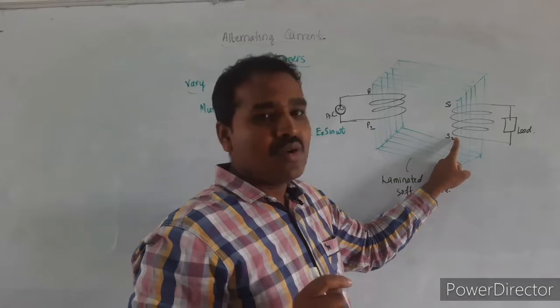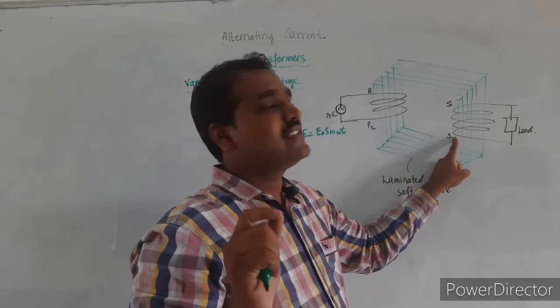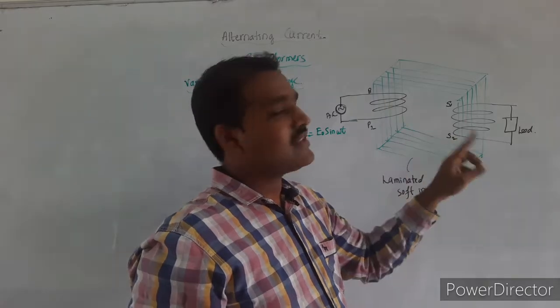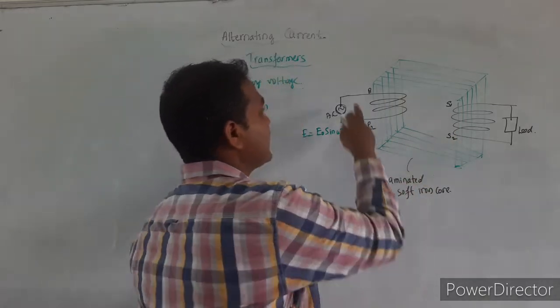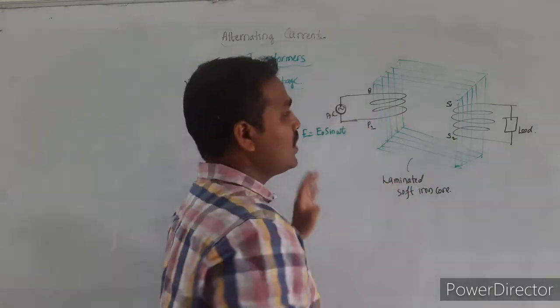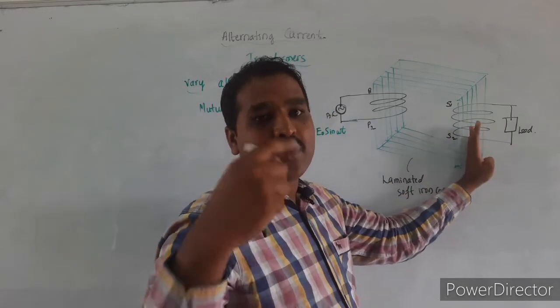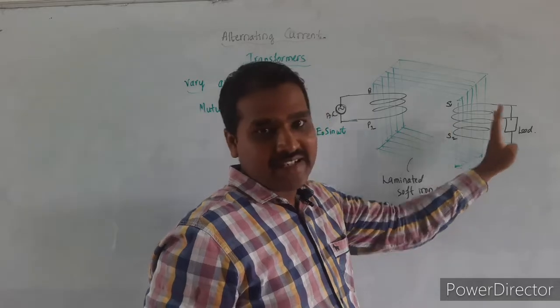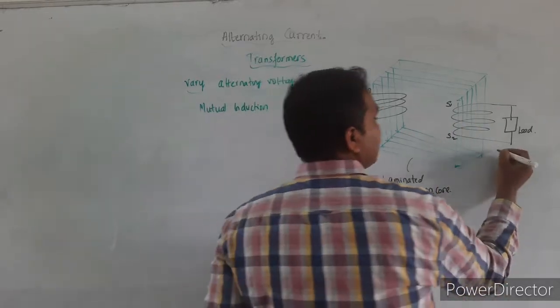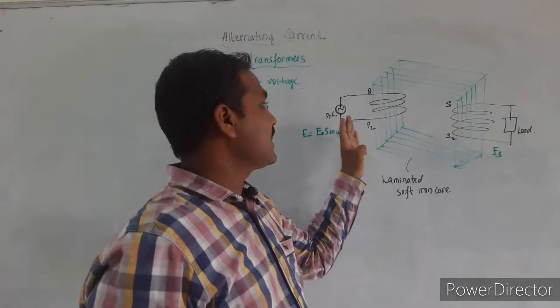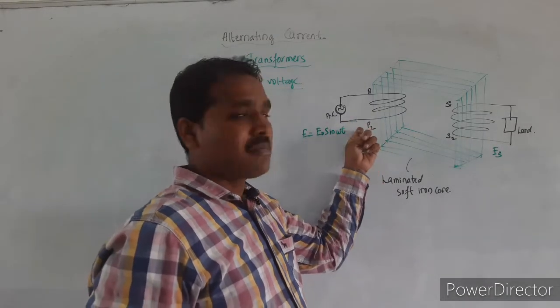Whenever there is a change in the magnetic flux, an EMF is induced. Here the current is changing in the primary coil, which induces a changing magnetic flux in the secondary coil, which produces an EMF in the secondary coil. So an EMF is induced in the secondary coil due to the change in current and magnetic flux in the primary coil.